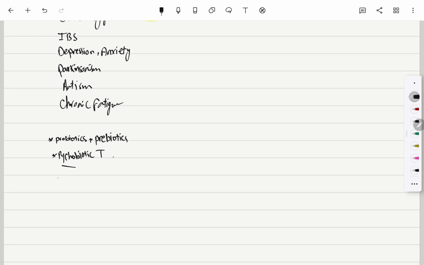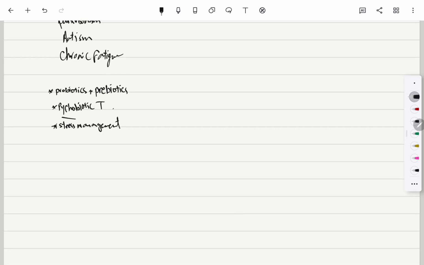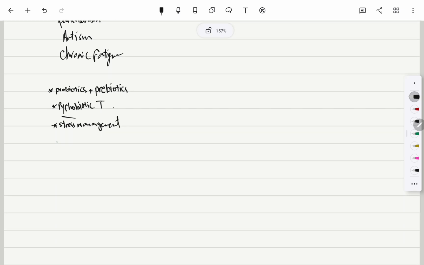Stress management, and fecal microbiota transplantation.